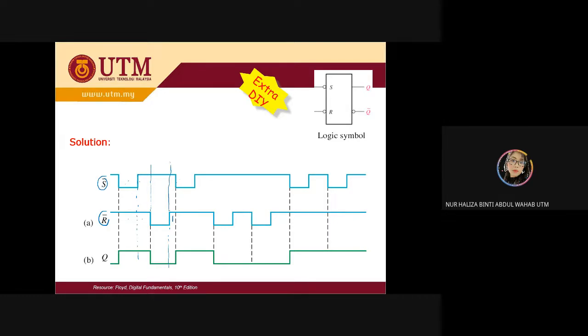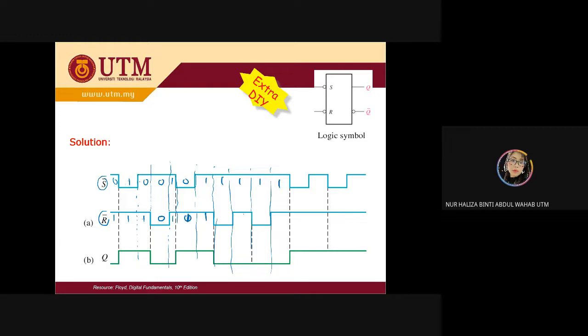So you need to put, because you don't know at the beginning. So draw all the dotted lines and then put the values inside, which is like this, 0 1 0 0 1 0. You put all the values so you can easily see and differentiate it.